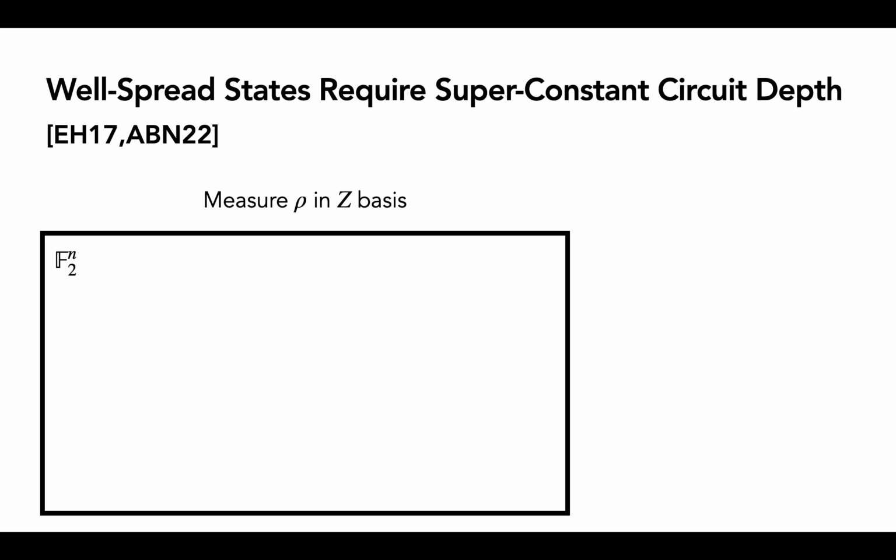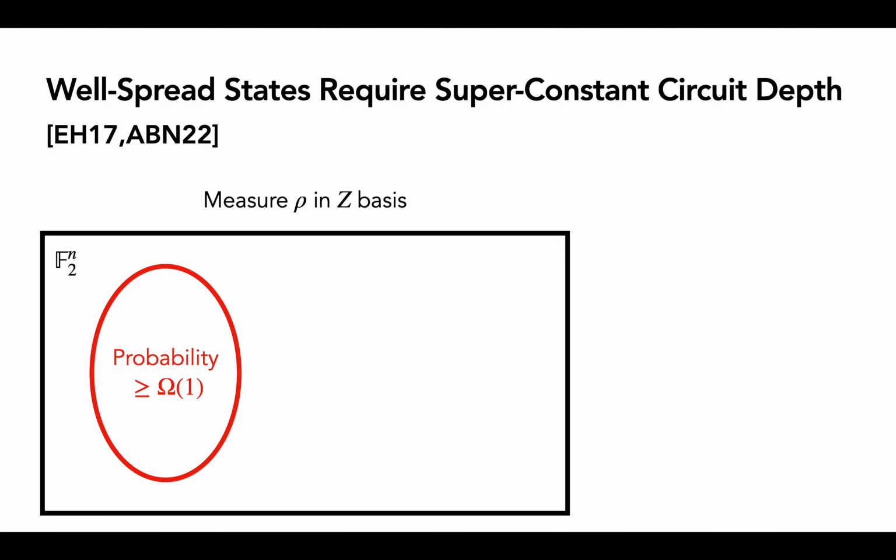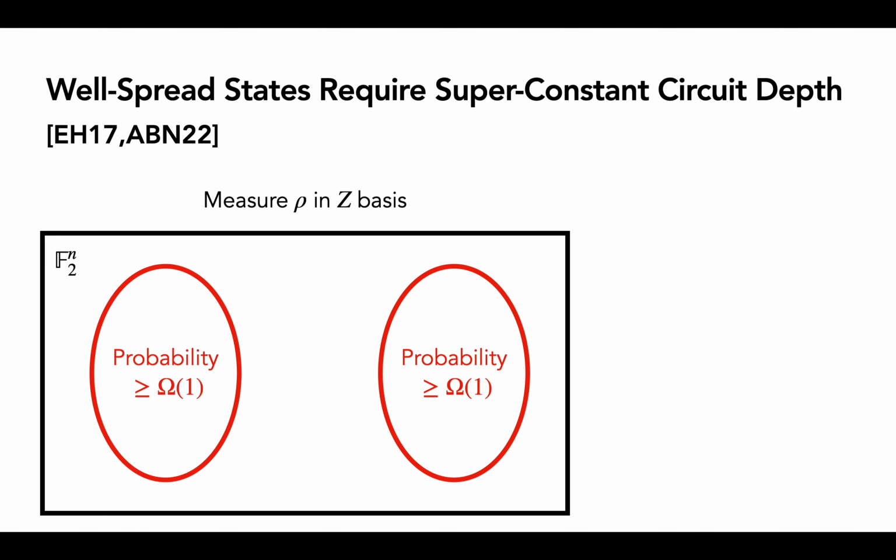So we get out a bit string, a length n bit string, and this rectangle here represents the set of all length n bit strings, or F_2^n. Furthermore, let's suppose that we have a set here and another set here, both shown in red, such that there's a constant probability that our measurement lies inside each of these two sets. And let's suppose that these two sets are linearly far apart. They're separated by a Hamming distance that's linear in n.